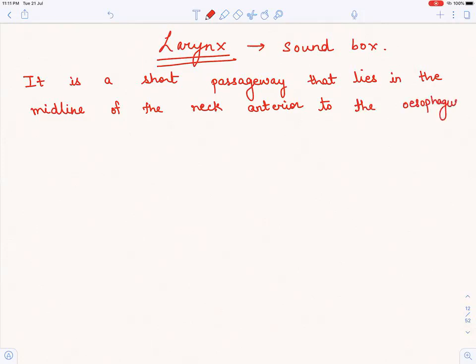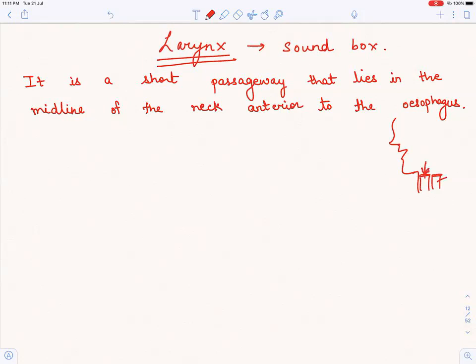What do we mean when we say anterior to the esophagus? If this is the side view that we are drawing, here is the esophagus, and anterior to the esophagus means here.